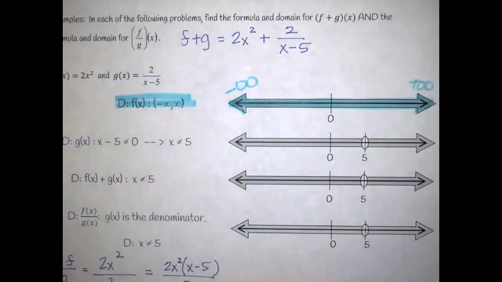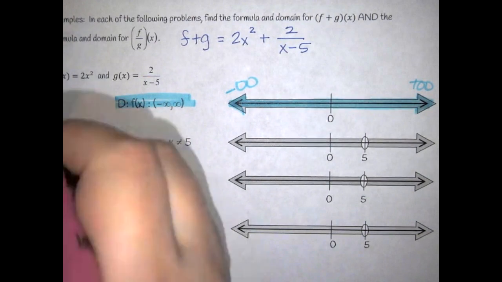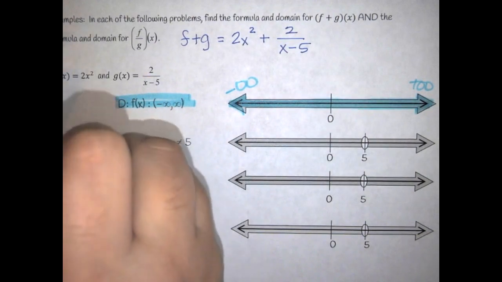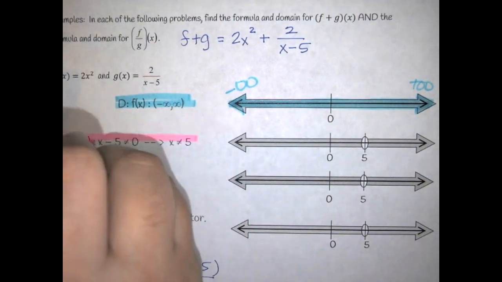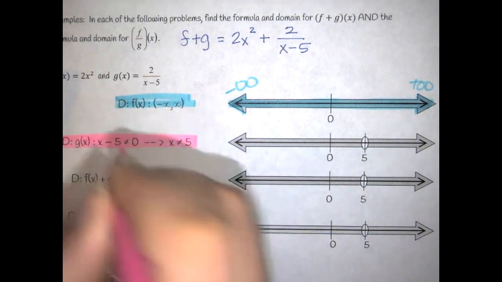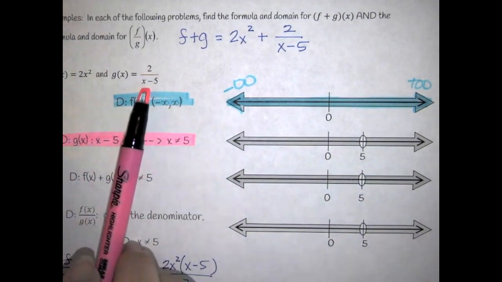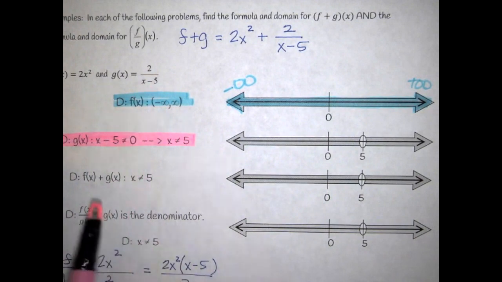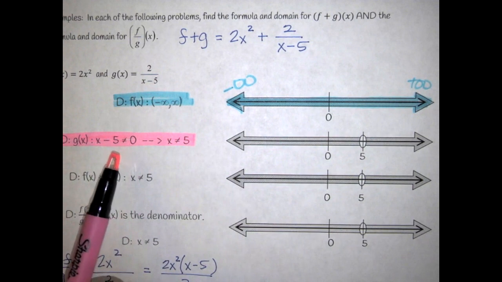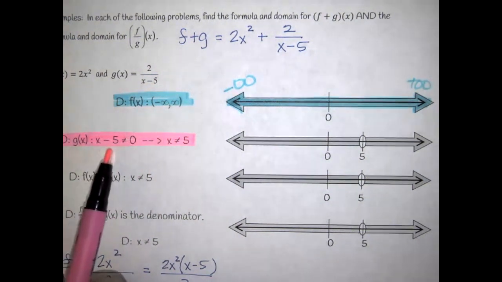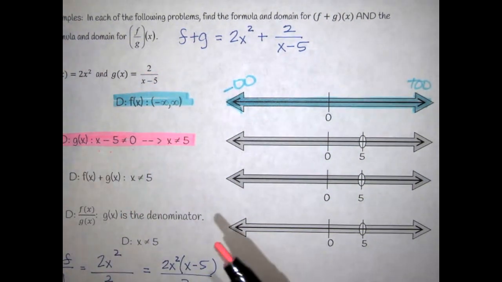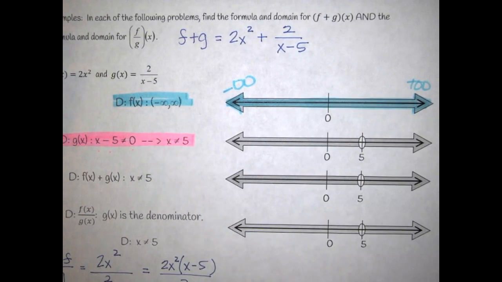Now, when we're talking about g of x, we are talking about the fraction, 2 over x minus 5. Again, remember, what's important is that your denominator can't be 0. So x minus 5 can't be 0, but that's the only place where we're going to have an issue.